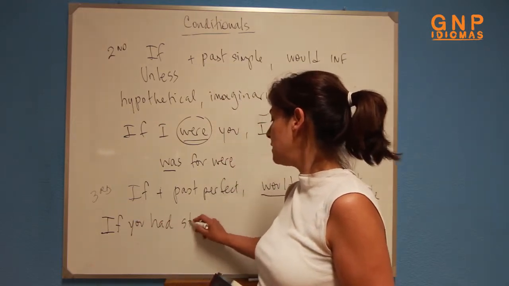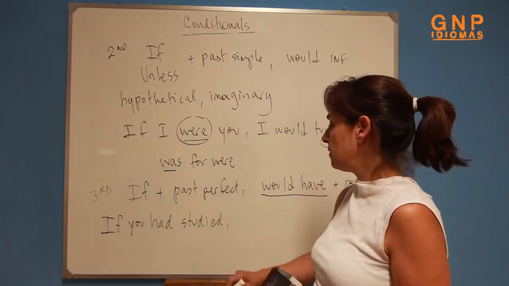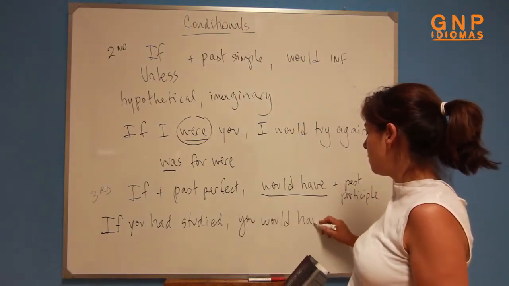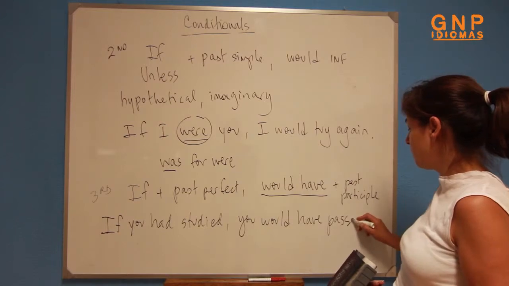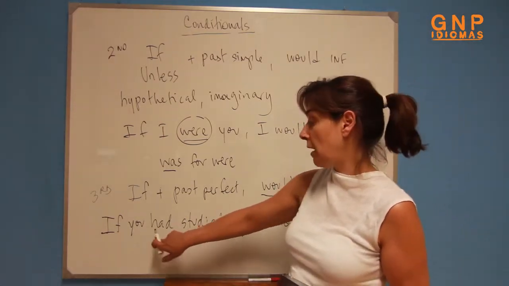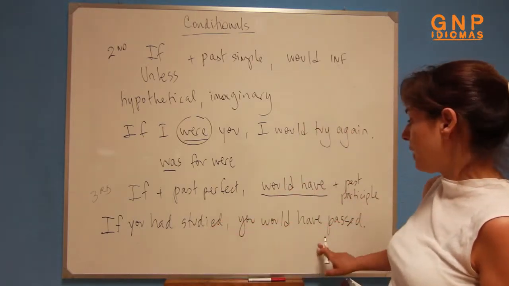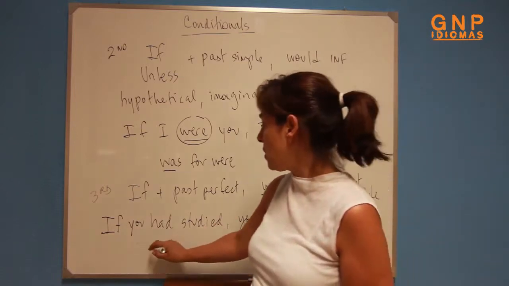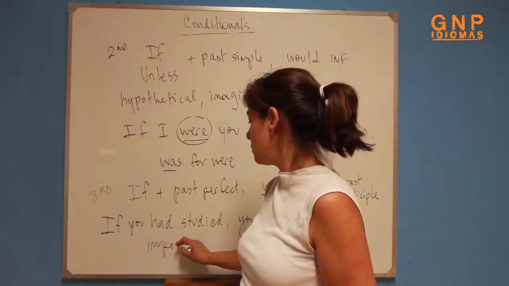If you had studied, you would have passed. So you didn't study, but I'm saying if you had studied, you would have passed. Okay? So this one is called the impossible conditional.